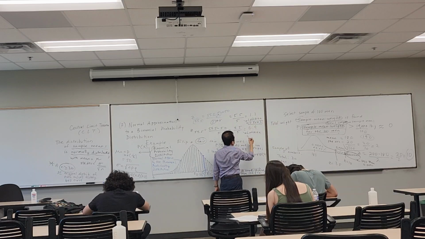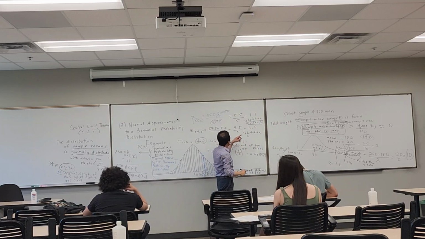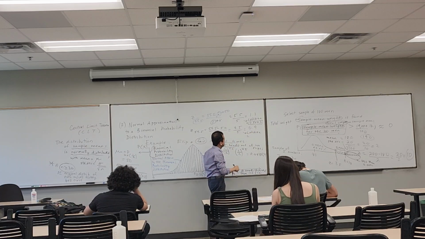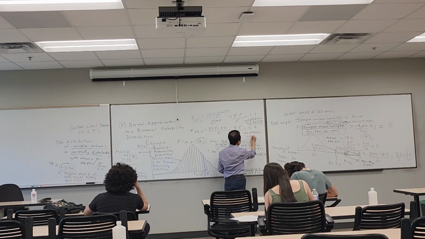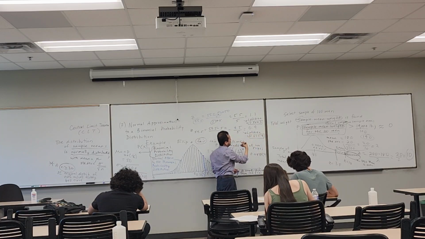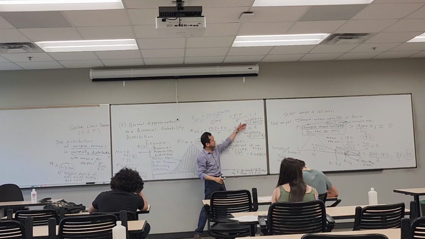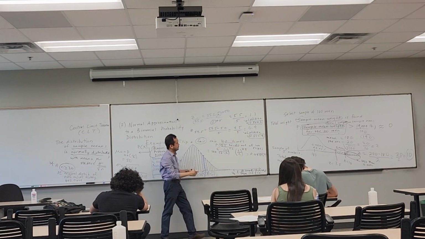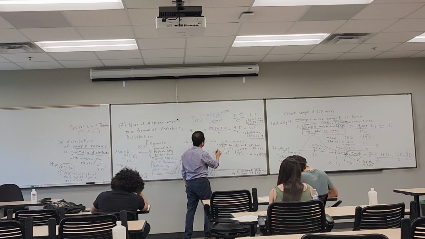Okay, and then let's find the left area of the z-score of 0.9. 0.8159. Okay, great. So now that we have those two left areas, we just subtract them from each other to get this area in between that we want. So let's go ahead and subtract them from each other.